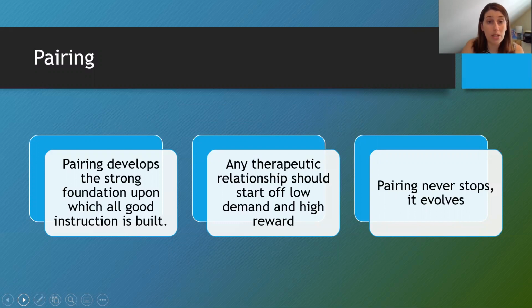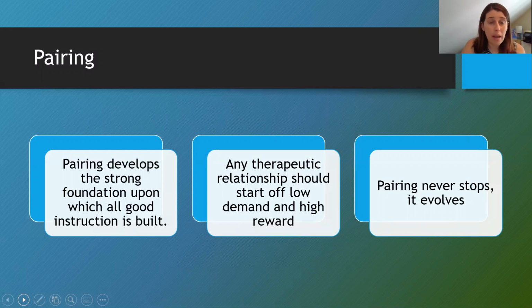Most likely we're going to be starting off low demand, reacclimating our students back into being in the physical building of school, and using high levels of positive reinforcement to make sure that they're comfortable being away from their caregivers and entering back into school, and really focusing on having access to a lot of high reward activities, just to keep them happy for being in the building. Pairing never stops, it evolves.